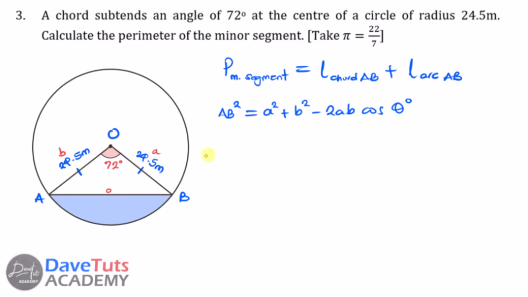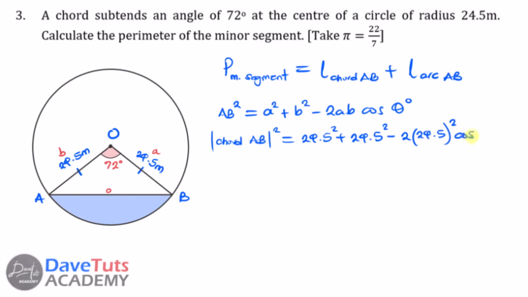A is 24.5, B is also 24.5. So let me appropriately label it: AB raised to power 2 is going to be A square, 24.5 square, plus B square, 24.5 square, minus 2AB, and AB is also 24.5 raised to power 2.